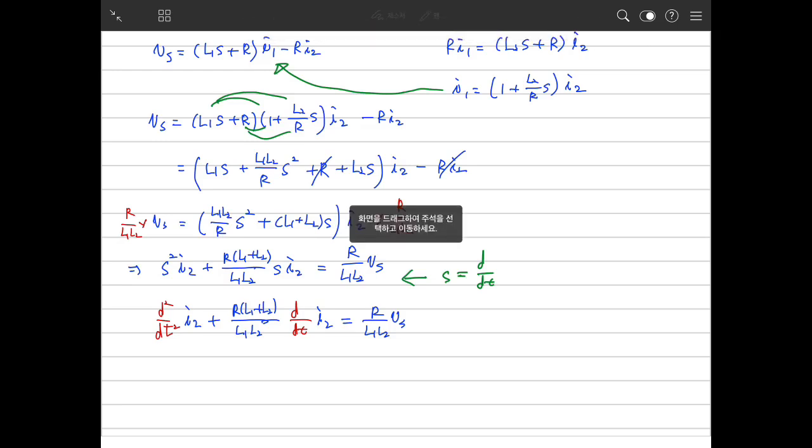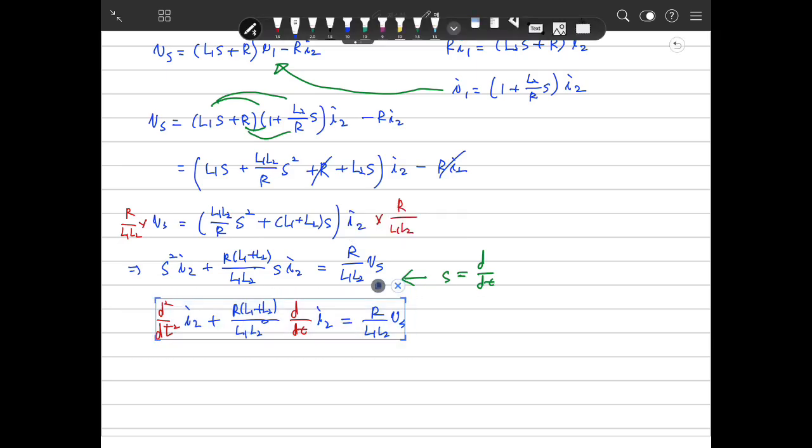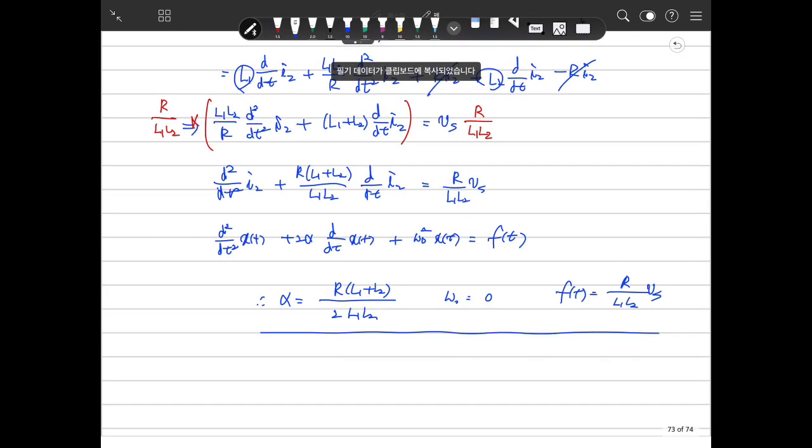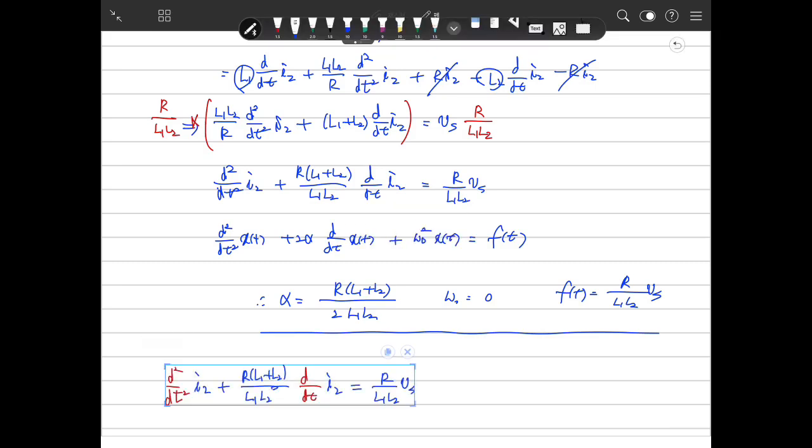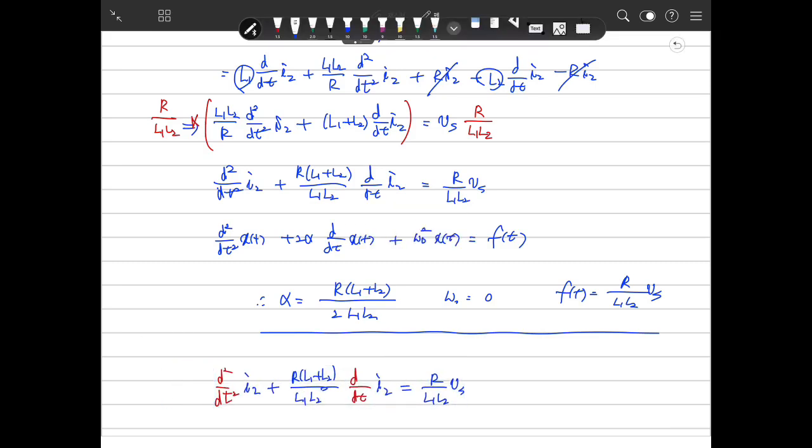This is the same result as before. The variables are the same, so the two results are exactly the same.